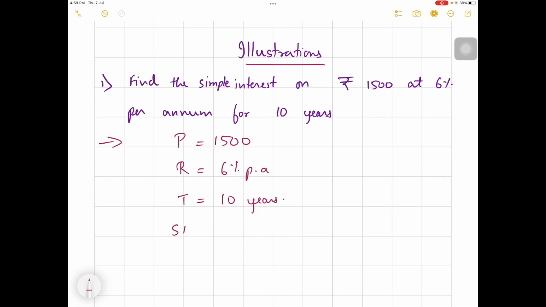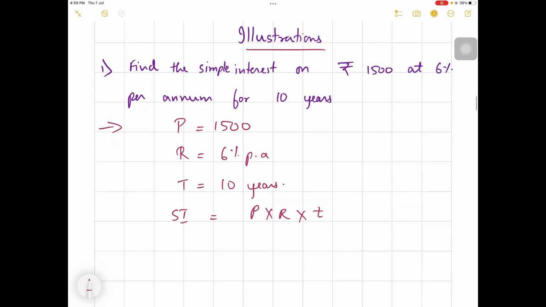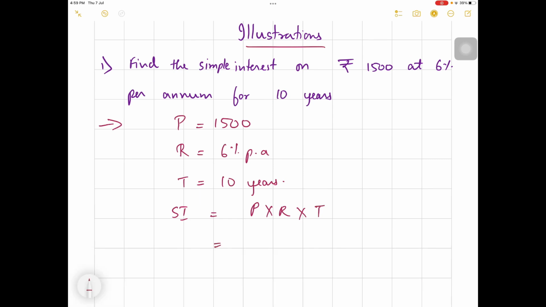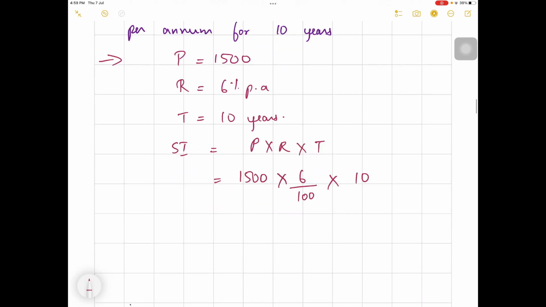So simple interest formula, P into R into T. P is 1,500 into R, 6 upon 100, into T, that is 10 years. So the zeros you can cut. So 150 into 6 is 900.